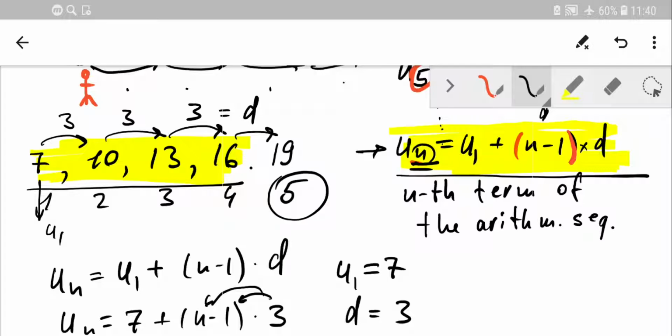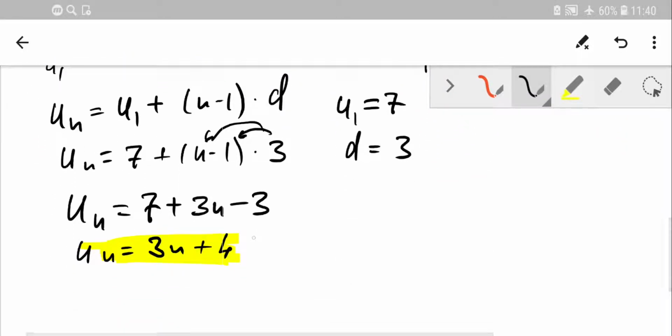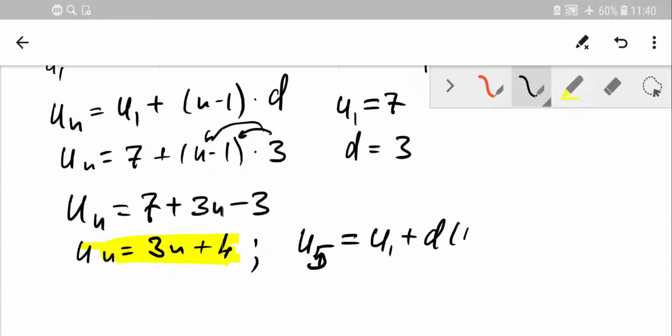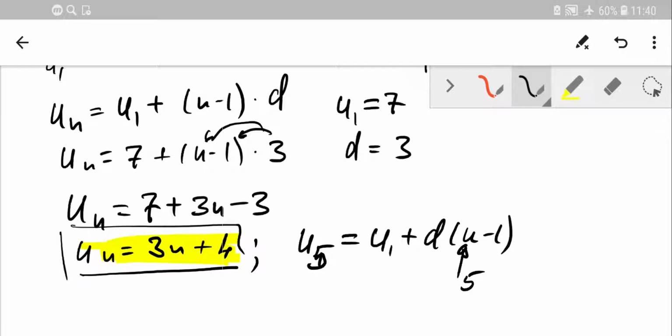So let's say you want to determine the fifth term using our formula. The fifth term is actually u1 plus d times n minus 1. In our case n is 5, or you can directly use your final version.